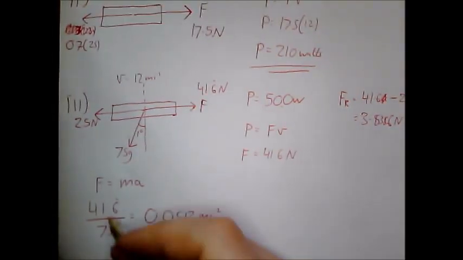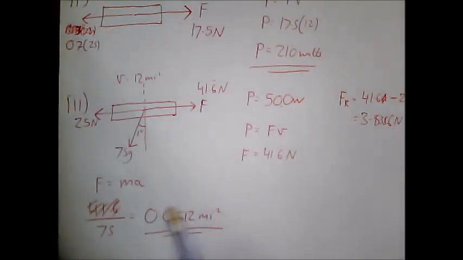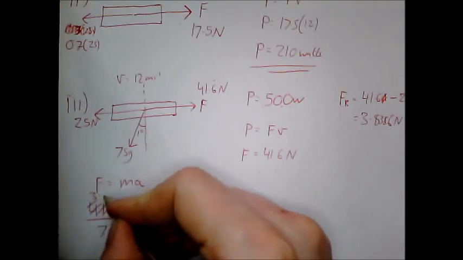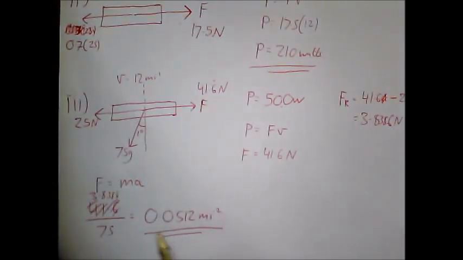So then, using F equals ma, with the force being 3.8386 over 75 equals the acceleration, 0.0512 meters per second squared.